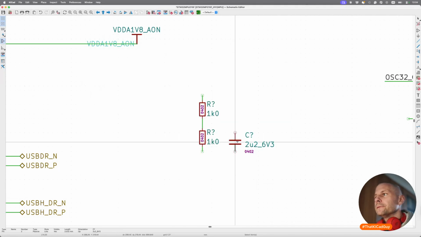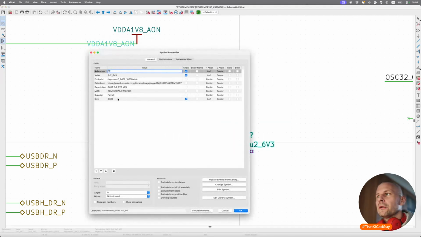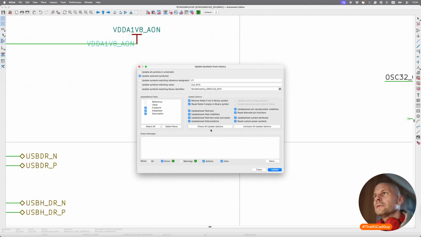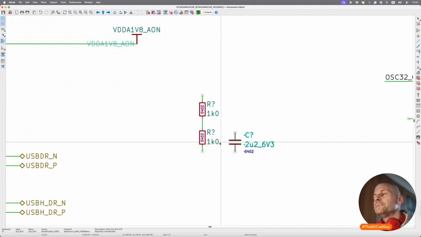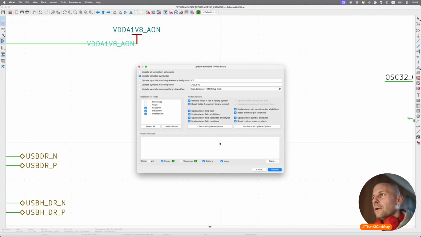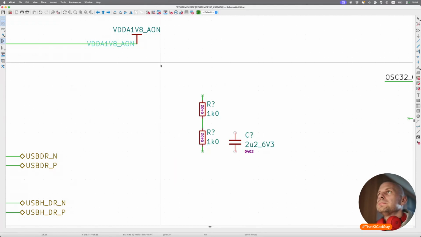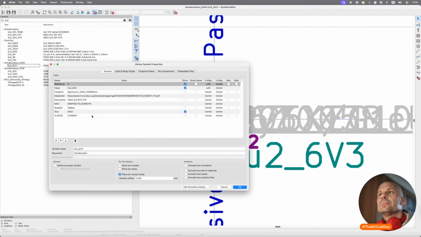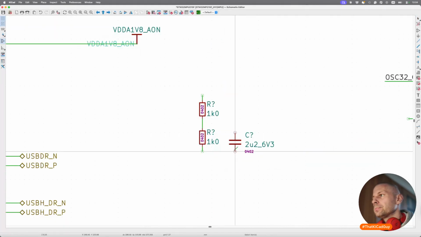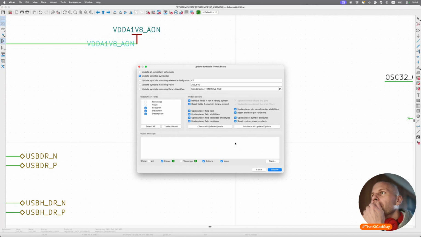Okay, so yeah, the attributes are not updated. Why? The selected symbol.